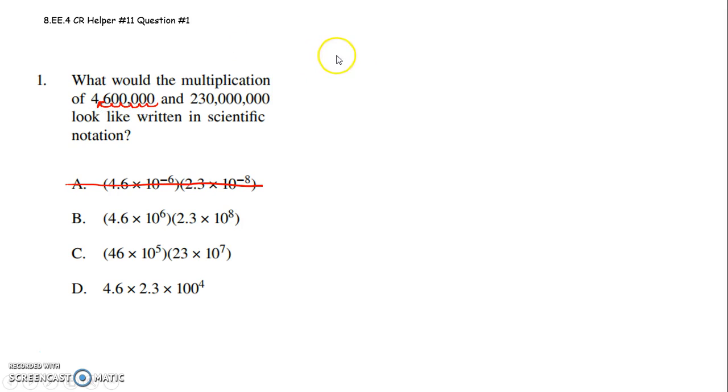The reason I've moved that decimal point over 6 places is we know that first factor in scientific notation must be greater than or equal to 1 and less than 10. So 4.6 is between 1 and 10.